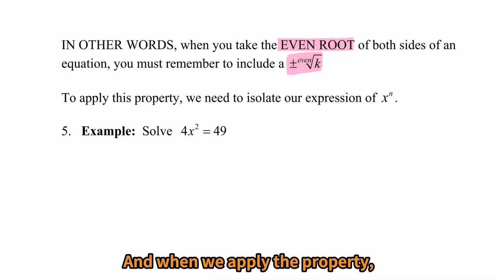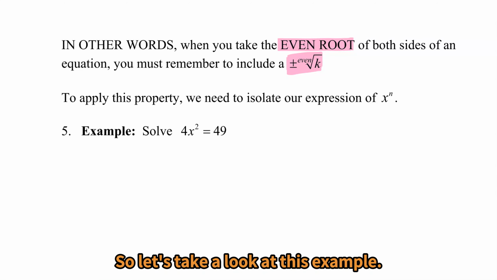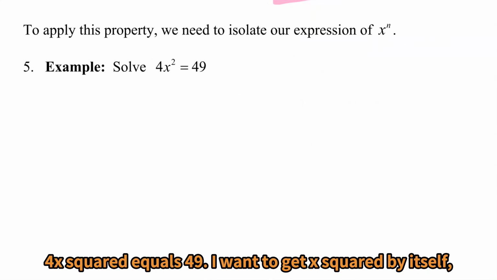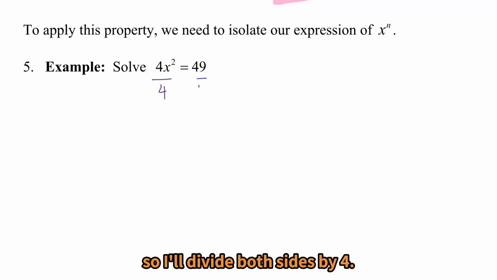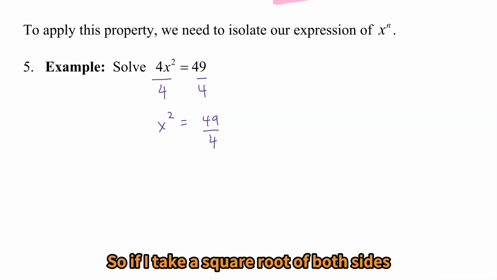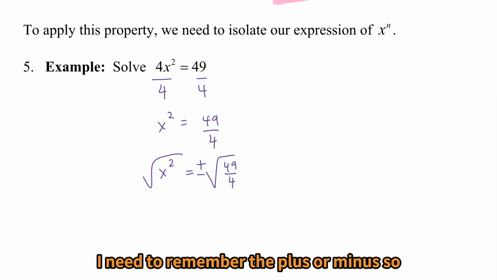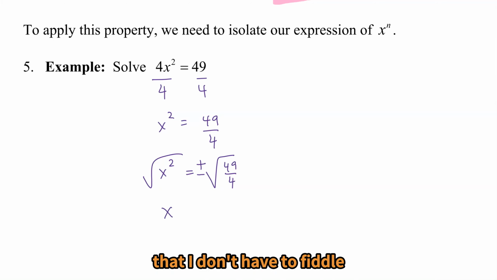And when we apply the property, we need to get that x to the power by itself. So let's take a look at this example. 4x squared equals 49. I want to get x squared by itself, so I'll divide both sides by 4. x squared equals 49 divided by 4. So if I take a square root of both sides to get rid of that square, I need to remember the plus or minus so that I don't have to fiddle with the absolute value of x.